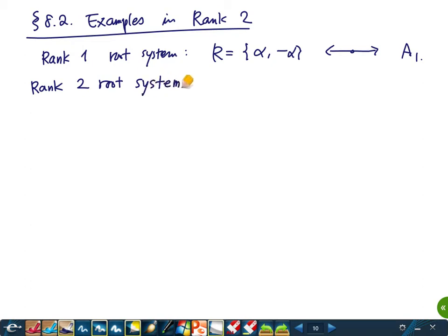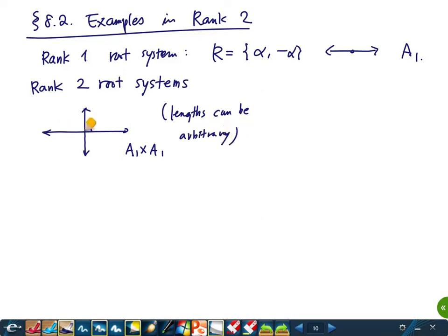But for rank 2, there are 4 of them. And the first one we've already seen: A1 times A1, with a pi over 2 angle between them. But notice that their lengths are arbitrary. Of course, these two must have the same length, and these two must have the same length, but the length of one pair versus the other can be anything.